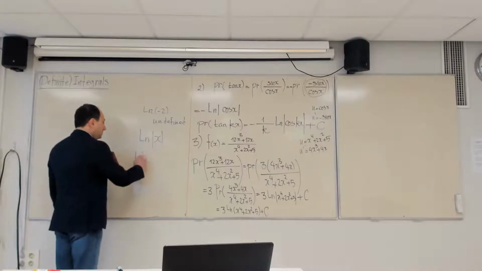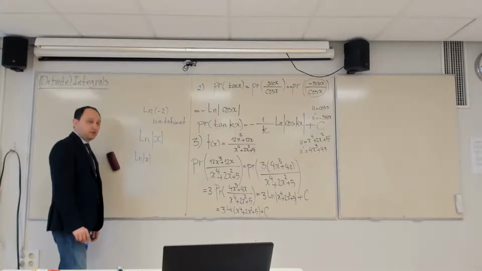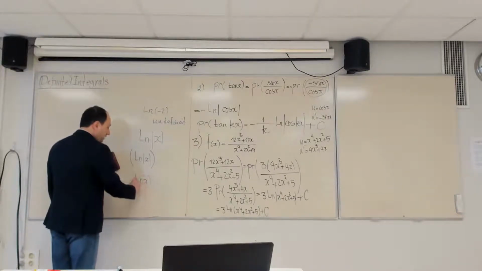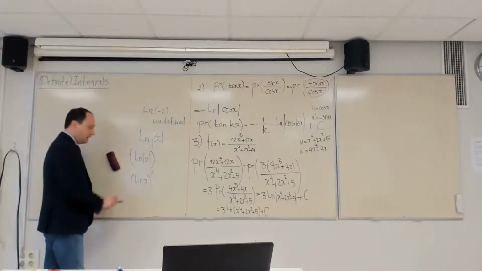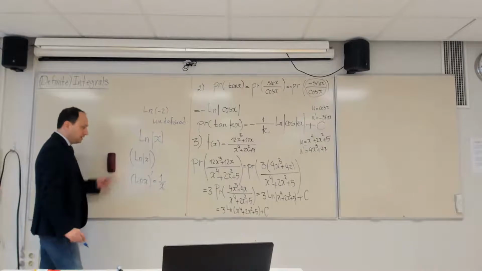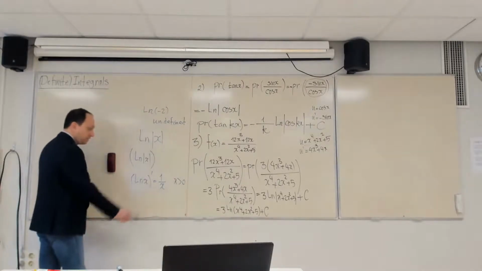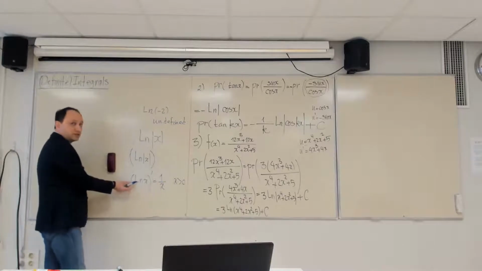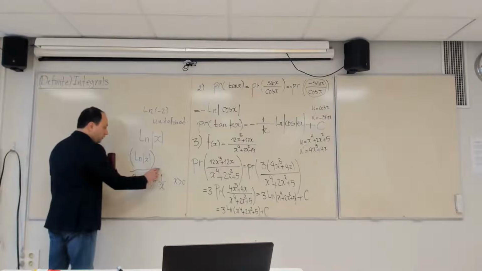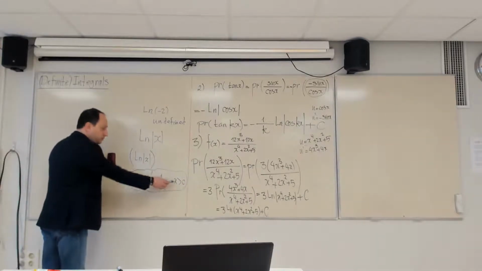If you go back to my lecture on logarithmic differentiation, I told you that the derivative of ln of x, this is in the book, is 1 over x, but in the book they have emphasized that x should be positive, and that's quite right, because if you write ln of x in this form, x cannot be negative. So what is written in the book only works if x is positive.